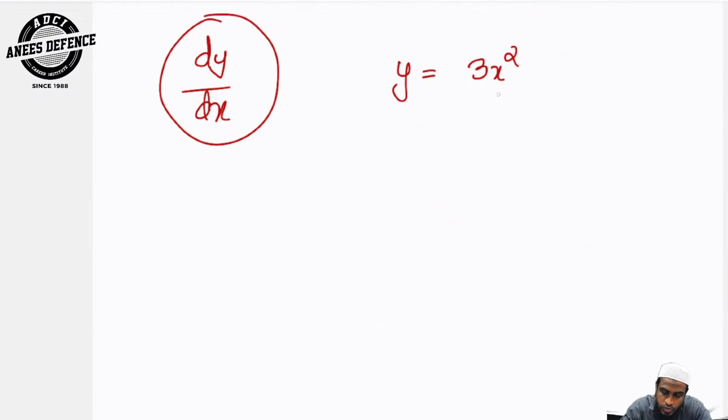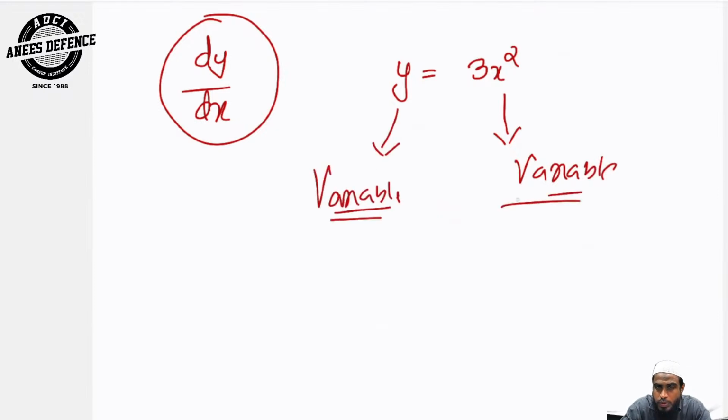Here, x is the variable. Y is also a variable. But there is some difference between these two. Y is depending on x. Therefore, x is known as the independent variable.